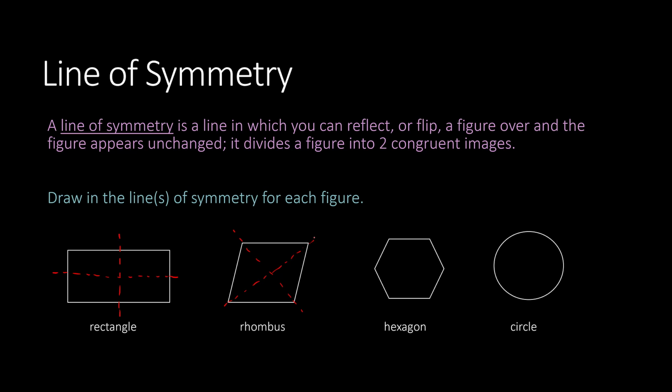What about a regular hexagon? Regular hexagons have lines of symmetry straight to the center of each side. So I have a line of symmetry through each of the sides on a hexagon, but hexagons also have lines of symmetry through the vertices.